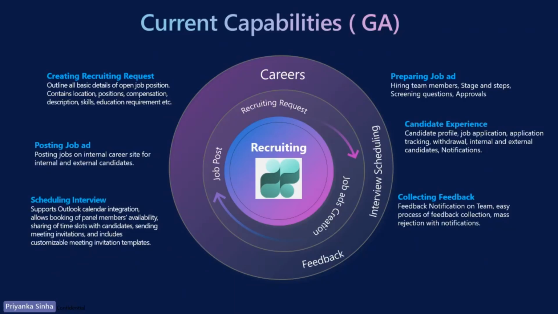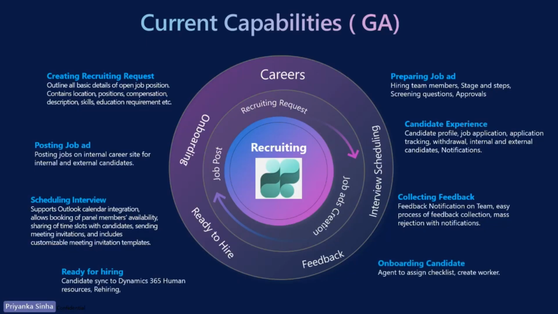It can also send customizable meeting invitations. And then onboarding candidates, which uses an agent to assign the onboarding checklist and create worker records. So these are the capabilities which are already available, and GA, you can start using it.